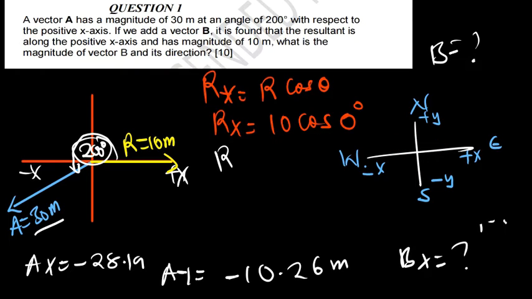Now, if a vector is moving toward east or toward positive x-axis, the angle is 0. Like in this case, we have been told that the resultant is along the positive x-axis. Definitely what should come to our mind is that the angle is 0 degrees.